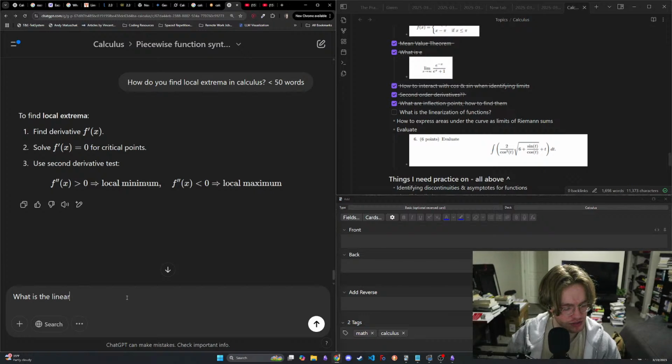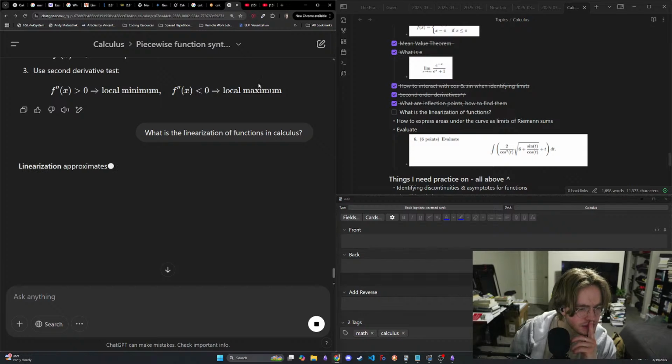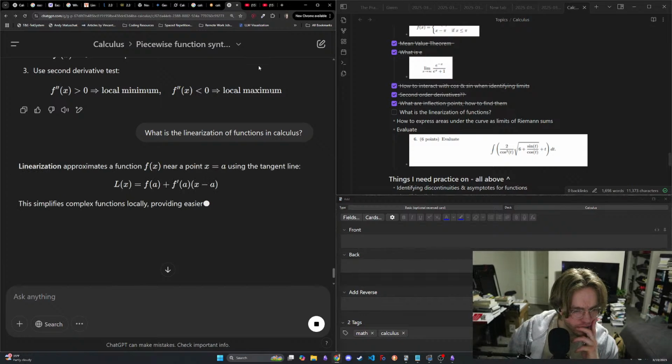I will also check what the linearization of functions is. Okay, linearization.